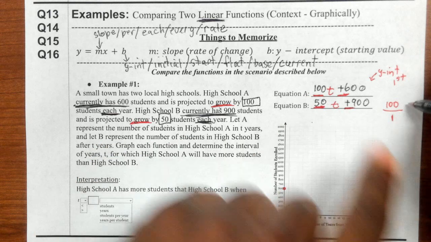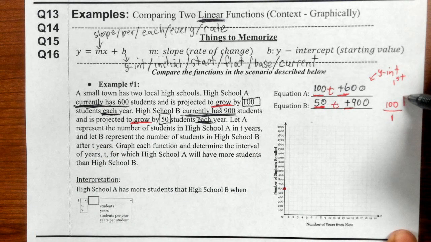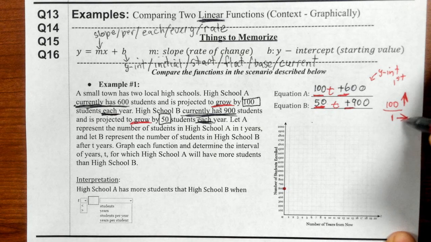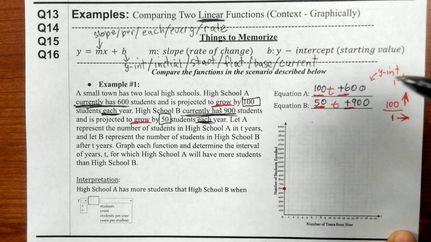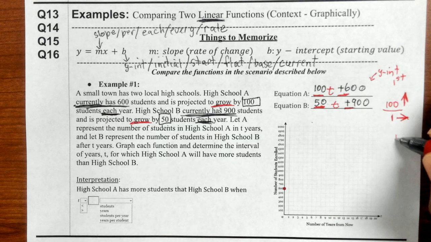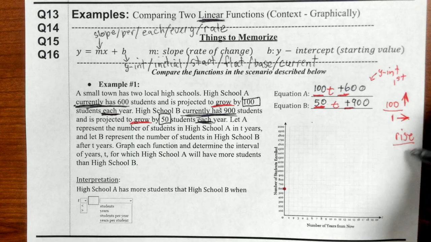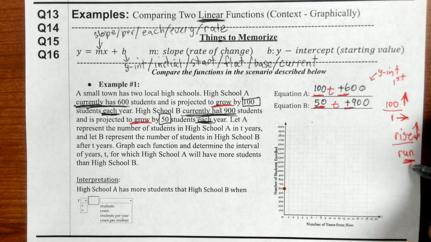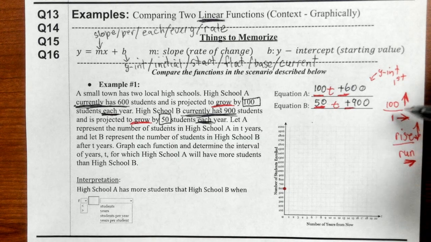Because it's a positive 100, the number at the top tells you up or down, so it will go up 100 and then to the right once. So again, I'm using that same rise over run. Rise tells you up or down, run tells you left or right. 99% of the time, you're going to the right.